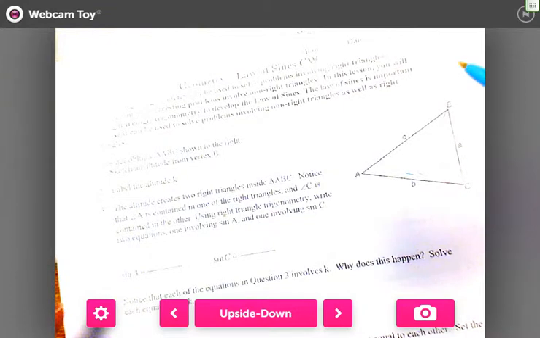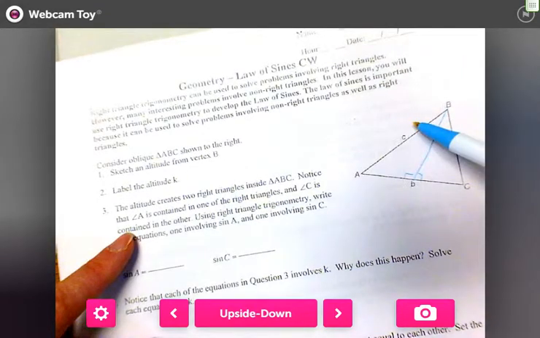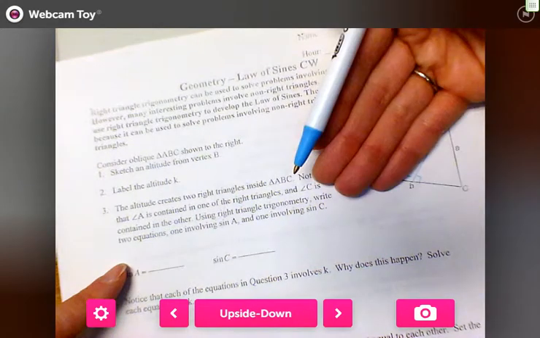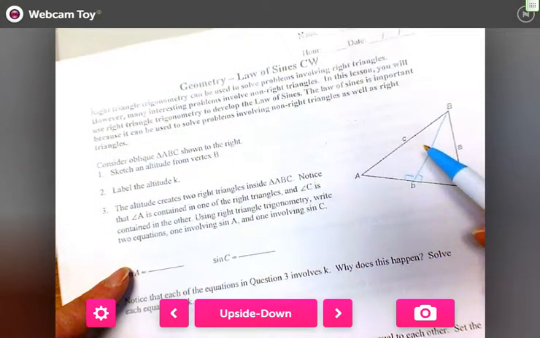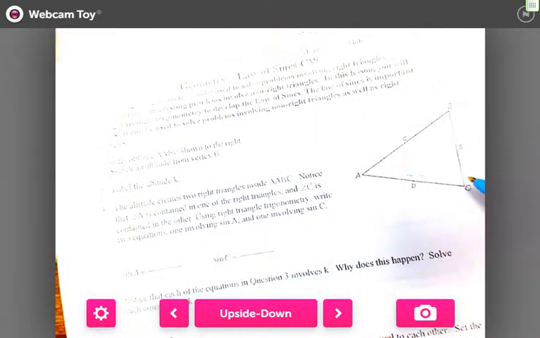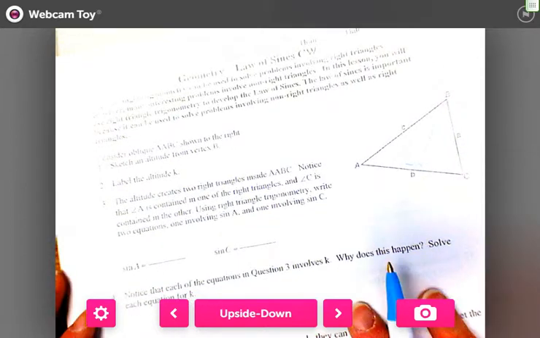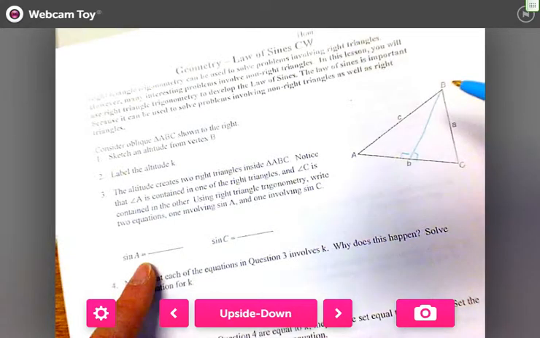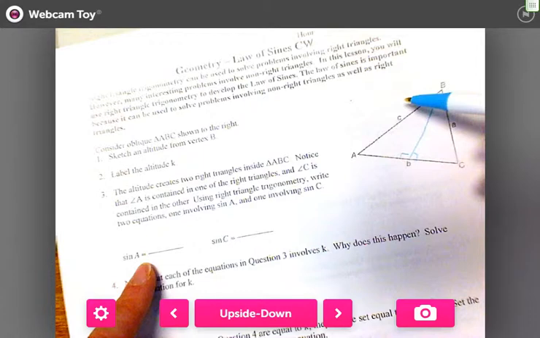Notice that angle A is contained in one triangle, and angle C is contained in the other triangle. Using right triangle trigonometry, we're going to write two equations, one involving the sine of A and one involving the sine of C. Okay, so sine of A, we know, is opposite over hypotenuse.